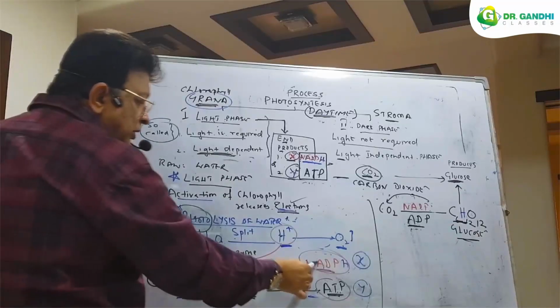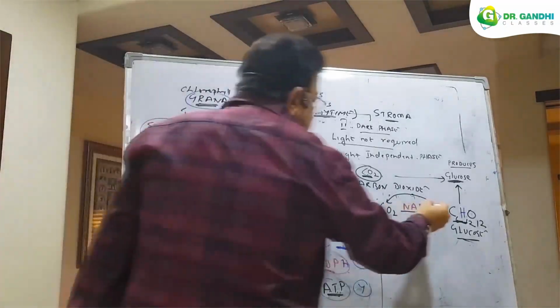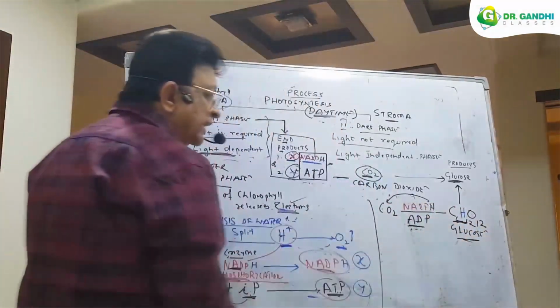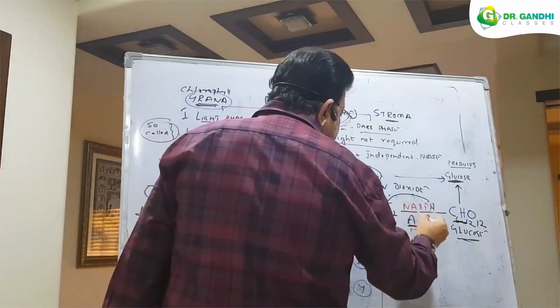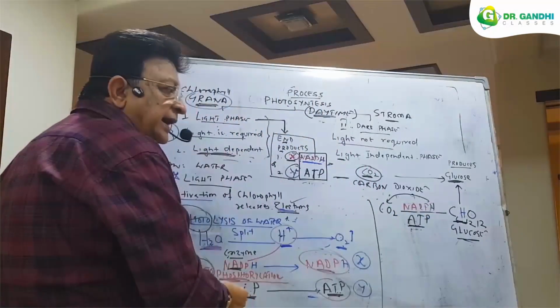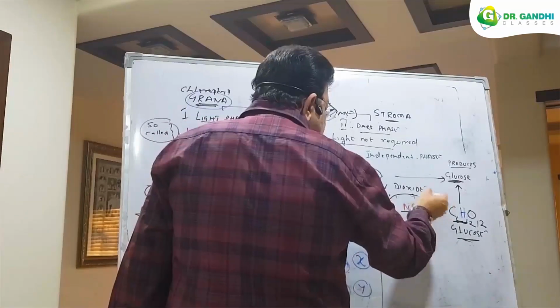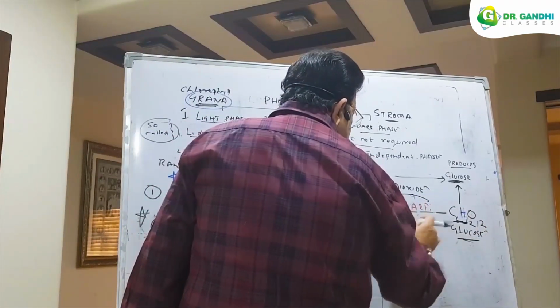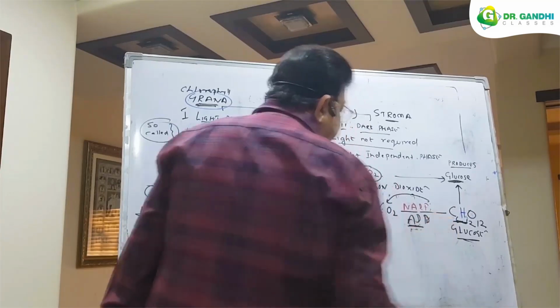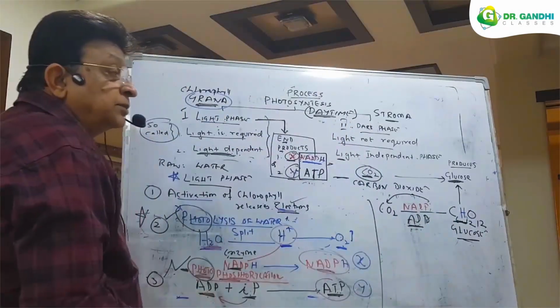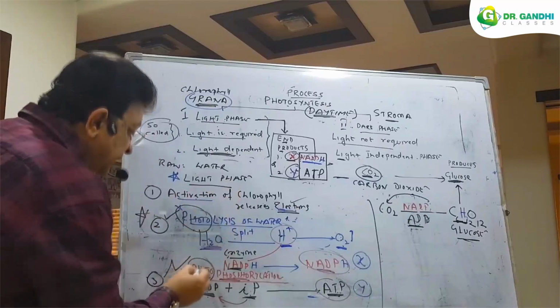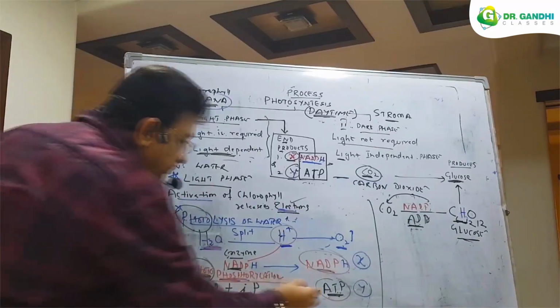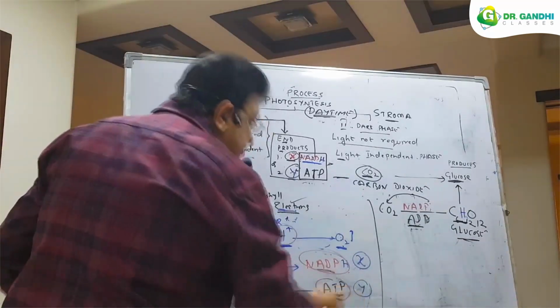The two end products of light phase were now taken to the dark phase, and with the help of energy produced by light, hydrogen gets transferred and glucose is produced, the ATP becomes ADP. So what is the concept of photosynthesis? Pay attention. Light energy becoming chemical energy.